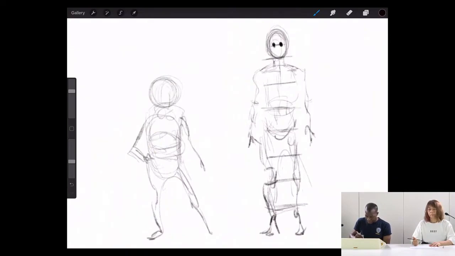Okay, so here's some kid here. I guess give him a little pose, and have him looking over this way. So this kid, I would say roughly, is about 1, 2, 3, 4.